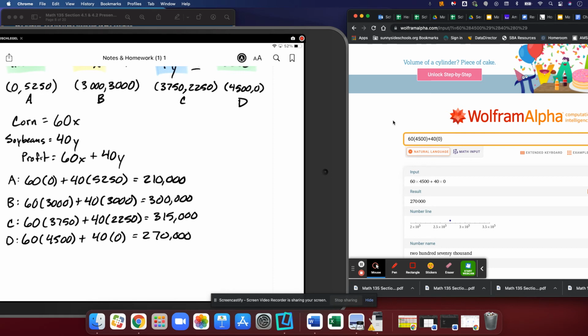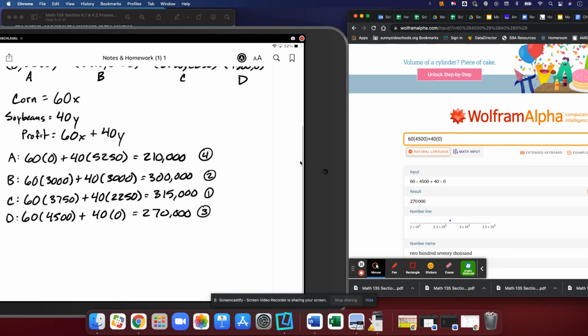So in rank order of our options, this is option number 1 that we want, number 2, number 3, and number 4. So the best option by far, by a margin of $15,000, is to plant 3,750 acres with corn and 2,250 acres with soybeans.